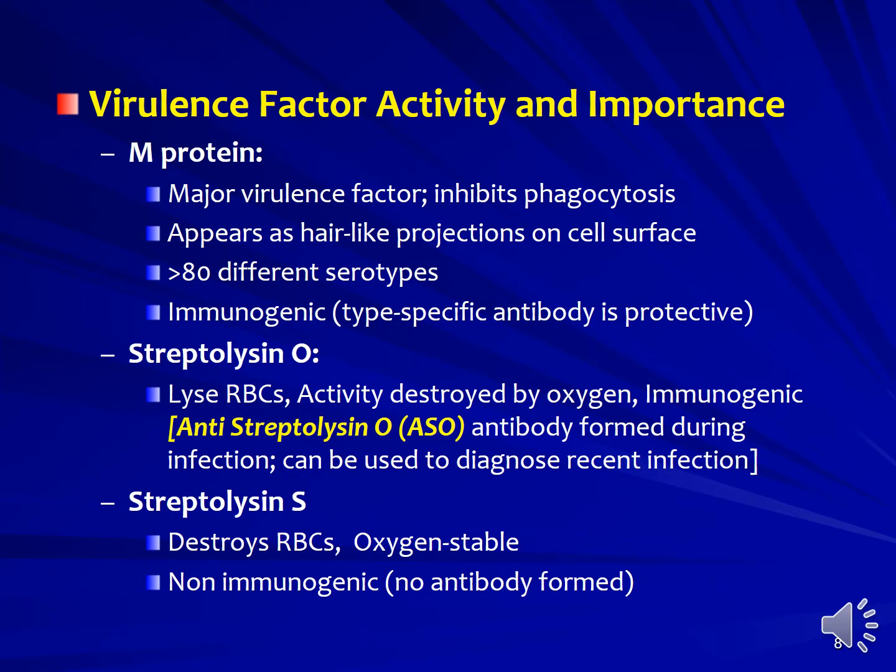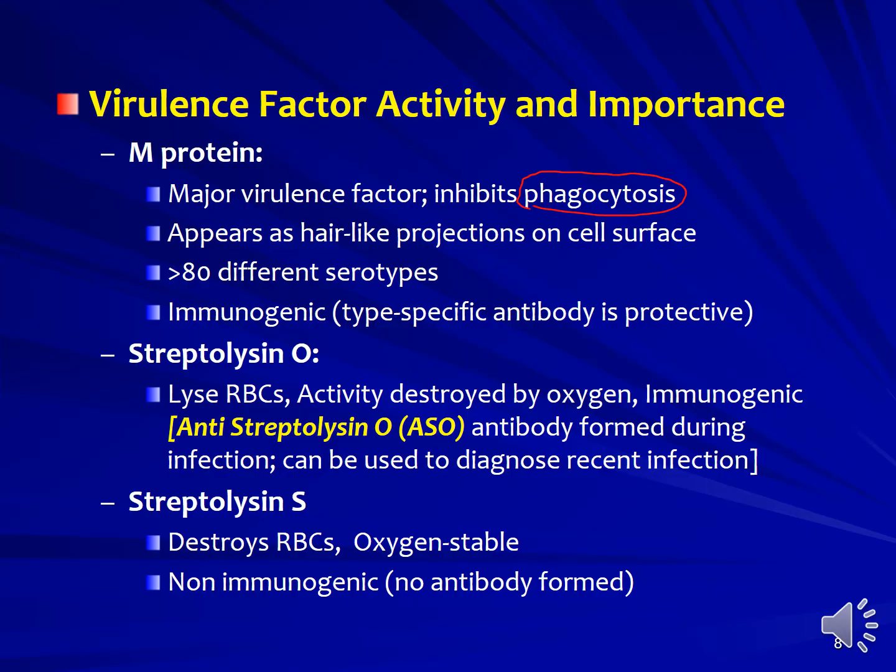Now the virulence factors and their activity in producing disease by Streptococcus pyogenes. First one is M protein, which is a major virulence protein and is responsible for inhibition of phagocytosis. As you all know, after the entry of any foreign cell into the body, the first cell responsible for the defense mechanism is the phagocytic cell.